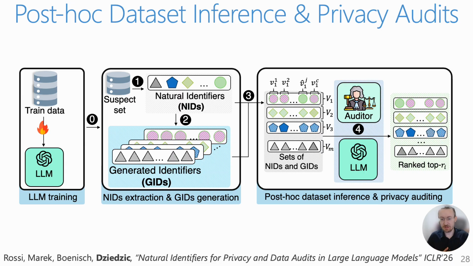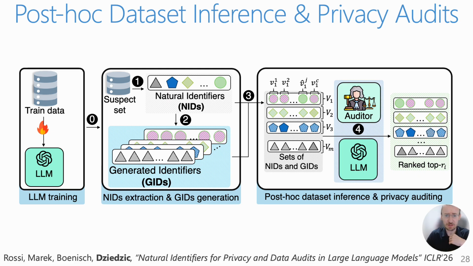And then how do we audit if the given dataset was used to train this LLM? We take the sets of these NIDs and GIDs. We have all the possible values for the natural identifiers, and then we rank how the model really performs on the given NIDs versus GIDs.